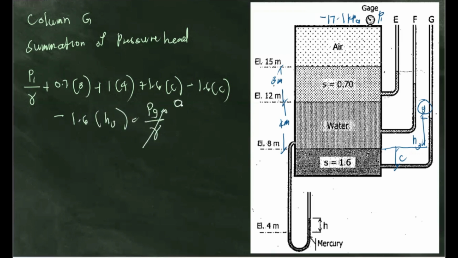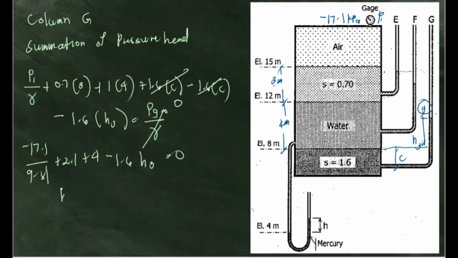At alam natin na 0 ito dahil yung ating P sub G ay naka-open sa atmosphere. Okay? So this will become negative 17.1 over 9.81, plus 2.1 plus 4. Ito mawawala na, 0. And then minus 1.6 H sub 3 is equal to 0.